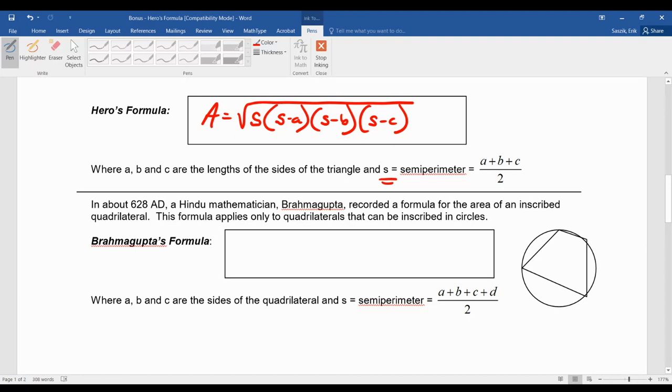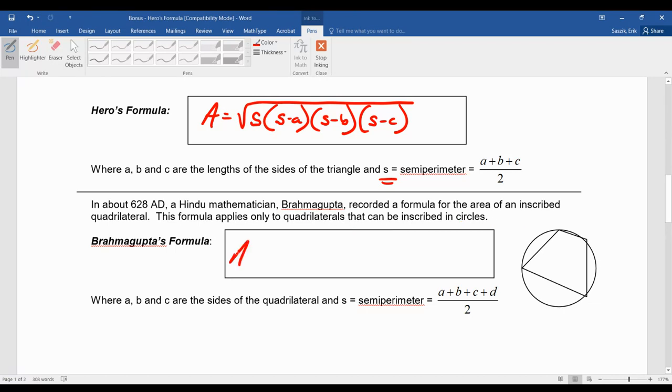Brahmagupta's formula is very similar. By the way, Hero's formula is used to find the area of any triangle at all. Brahmagupta's formula is used to find the area of any inscribed quadrilateral in a circle. It can only be applied to quadrilaterals that can be inscribed in circles.